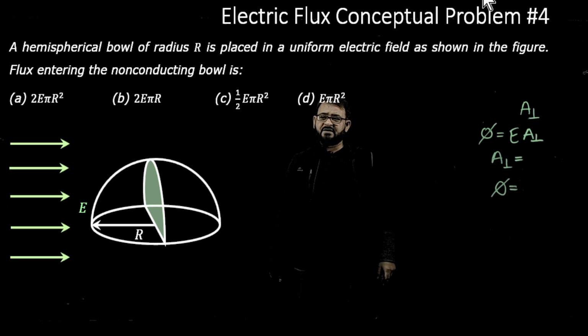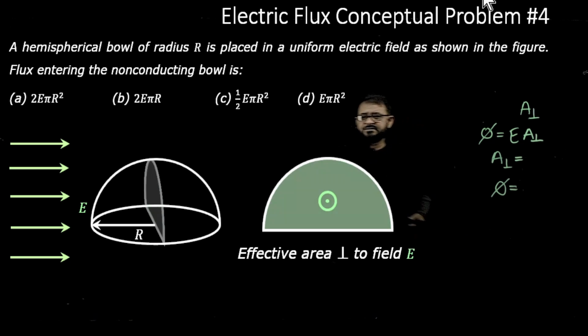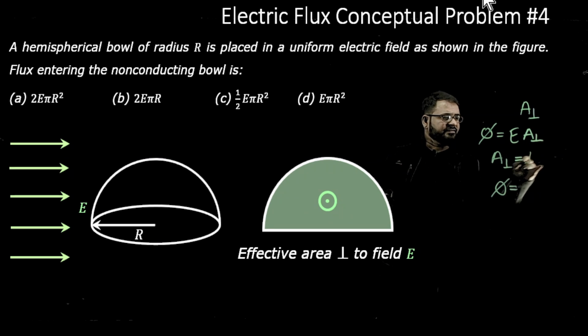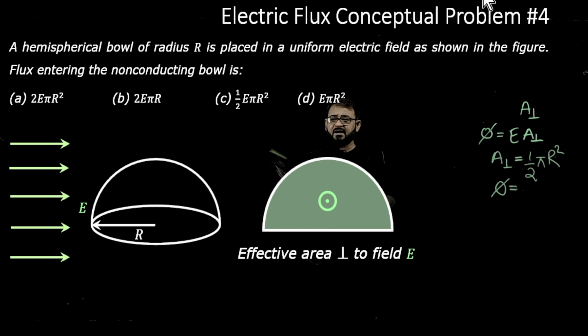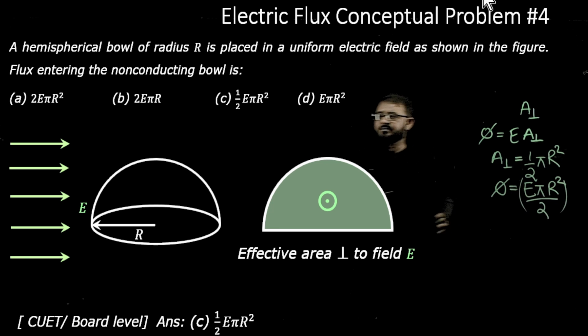You can see that will be this semicircle, which is half of the circle. So that is half pi r square, and the flux is E times pi r square by 2. The answer will be C.